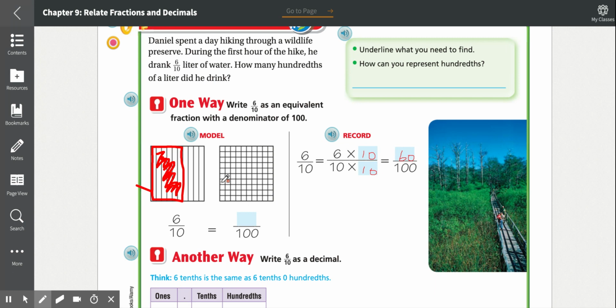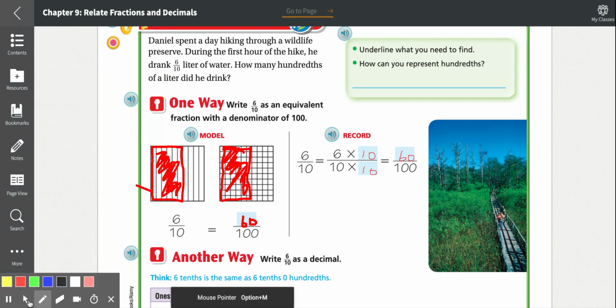Now we have a 100 base model, and we want to color in 60 hundredths. 10, 20, 30, 40, 50, 60. And as you can see, this is the same size as the first model. So 6/10 is equivalent to 60/100.